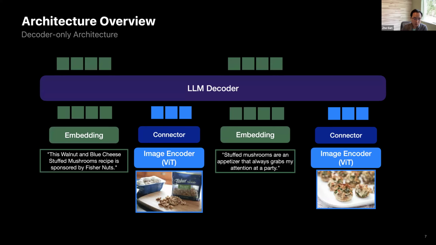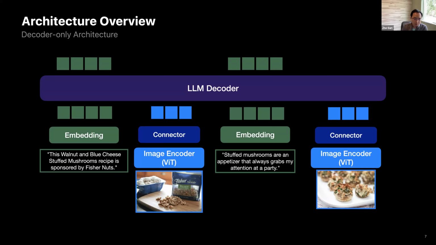It's a decoder-only architecture, which is popular nowadays. Basically, you have an LM, and then you have an image encoder. Surely in the literature, you also have other choices, which can be encoder-free or use a discrete image tokenizer, but here we are talking about the popular choices.